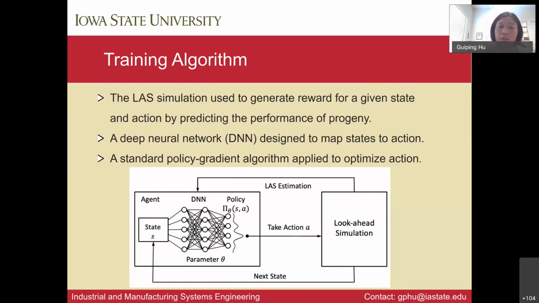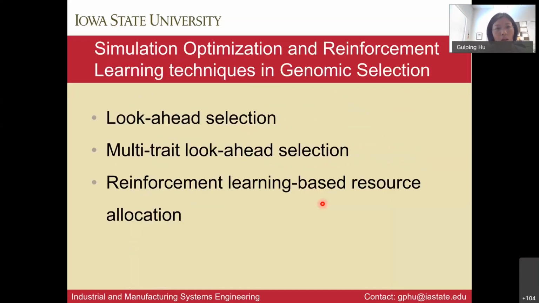The simulation result comes back and informs the improvement of the neural network construction. So there is this continuous learning process. To summarize, in breeding, I've talked about look-ahead, multi-trait, and also reinforcement learning. The first two have been published. The last one is still work in progress. We have not published it yet.